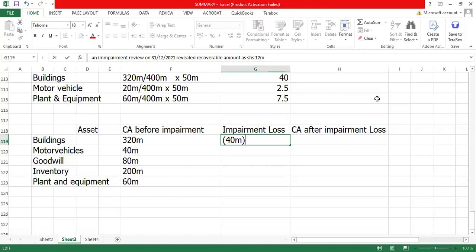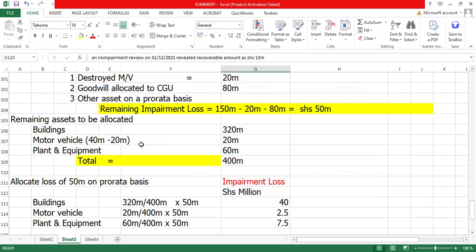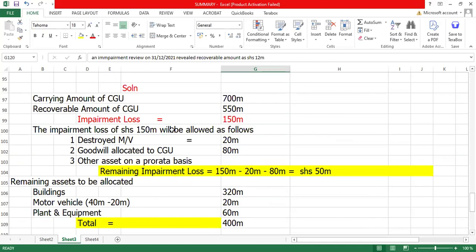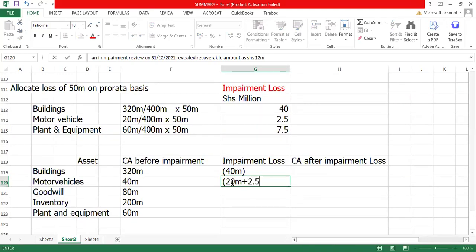What about for motor vehicles? Motor vehicles 2.5. But remember, it's not only 2.5. Already you have allocated the other 20. Are we together, colleagues? So it will be the total impairment for the vehicle, 20 million plus the 2.5. Let me hope we are together.